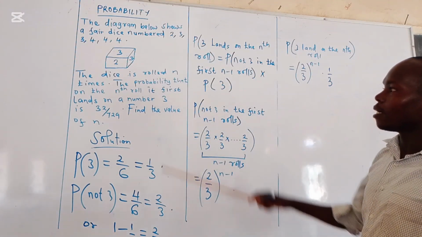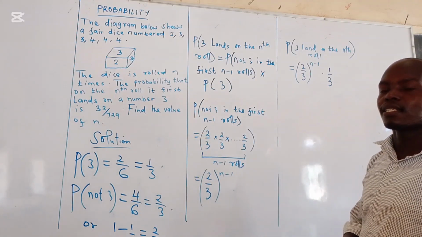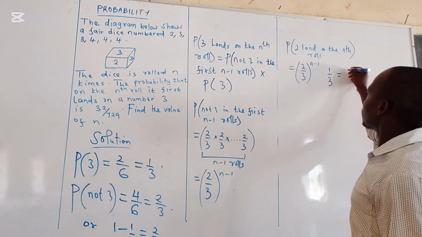And remember, this has been equated with 32 over 729.